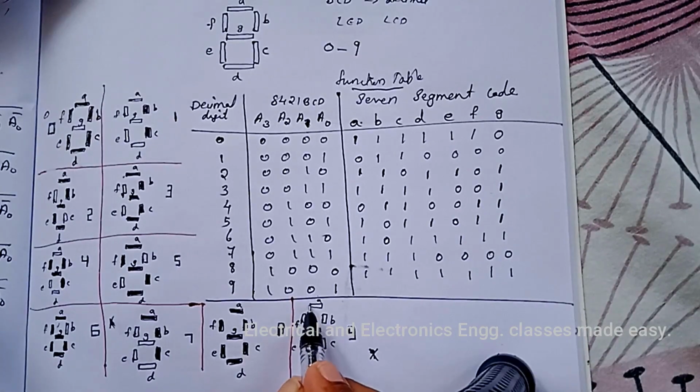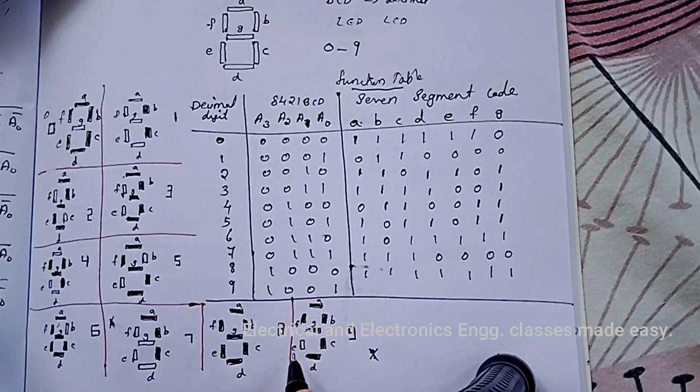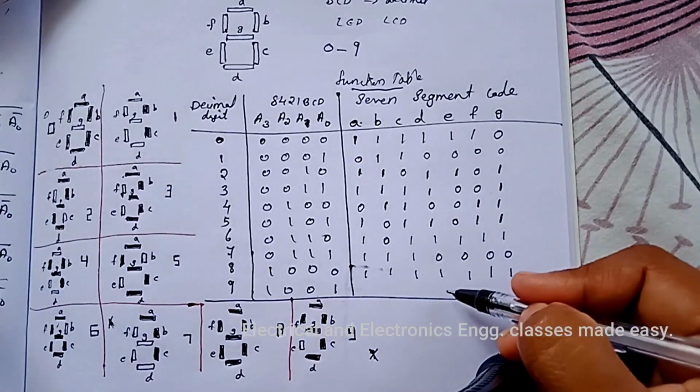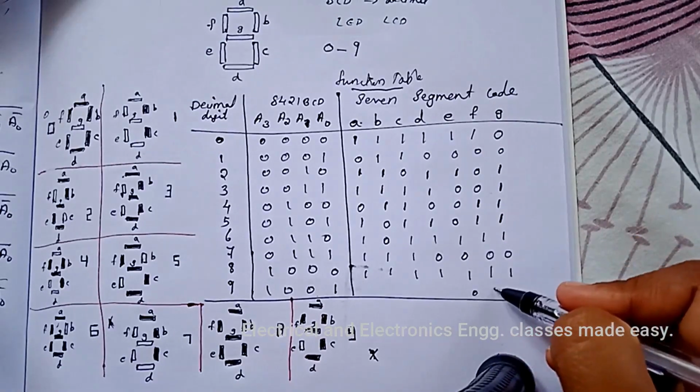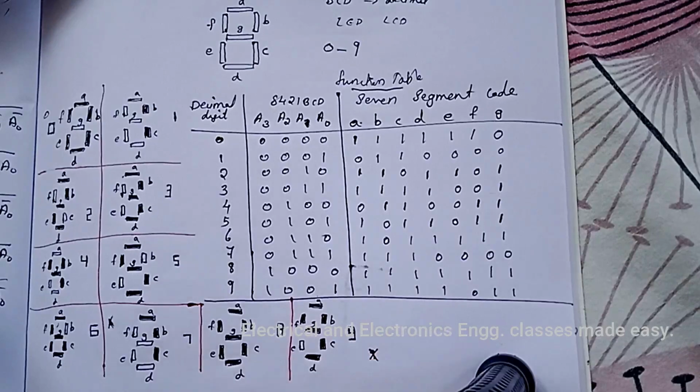So here the segments A, B, F, G, C and D will be displaying and the segment E will be at logic 0. So E at 0, all other segments at logic 1.